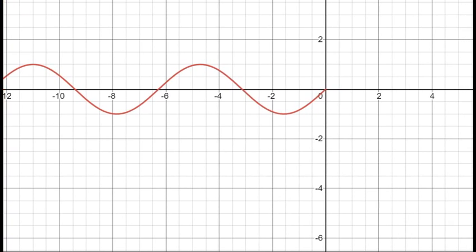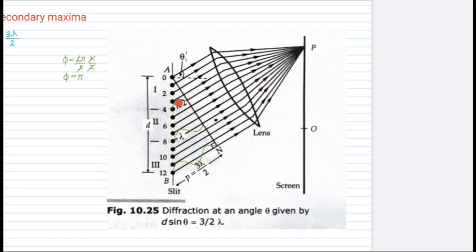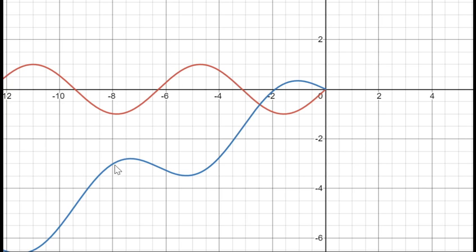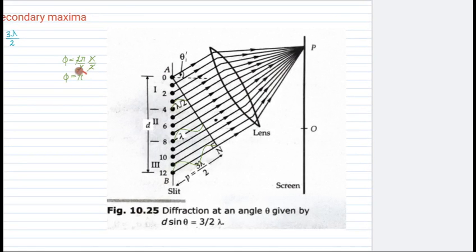Okay, so consider this is the light coming from the point 0, and this is the other light which is coming from point 4. The light coming from point 4 has a phase difference of how much? Just now we have calculated the phase difference of pi.